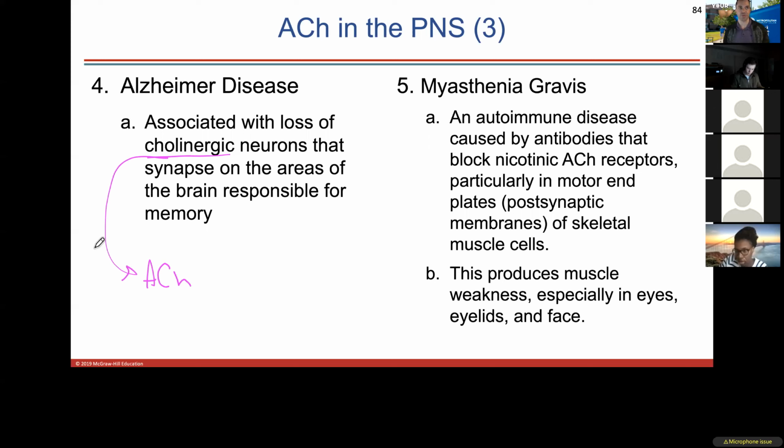And that's responsible for the degradation in memory because there's not enough acetylcholine being produced. The loss of those nerves happens a little bit later in the process.